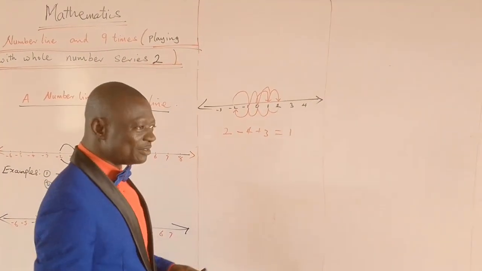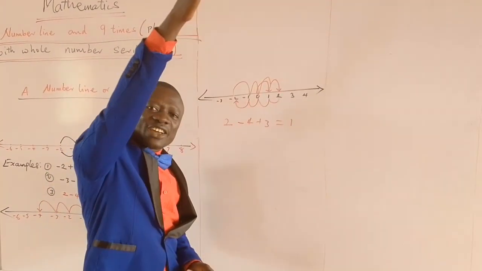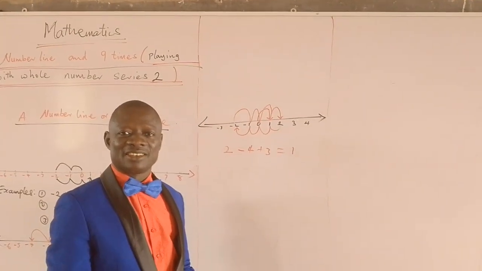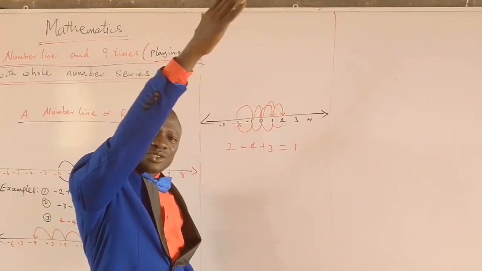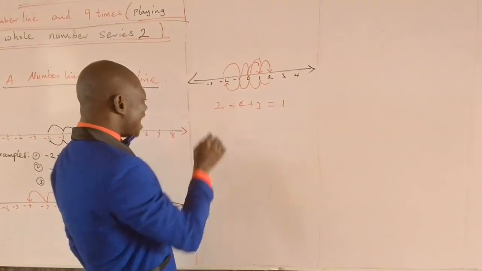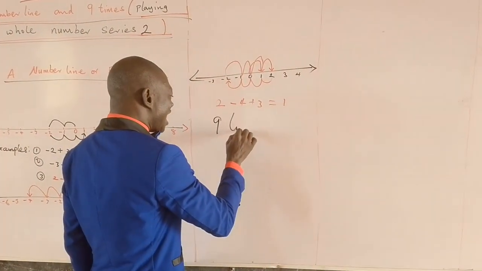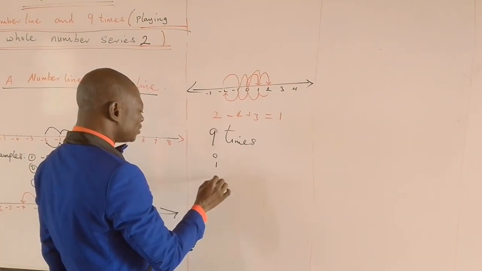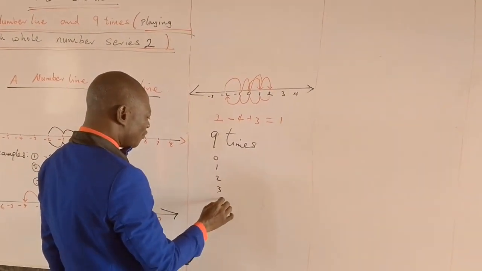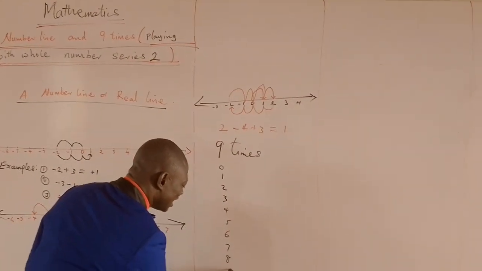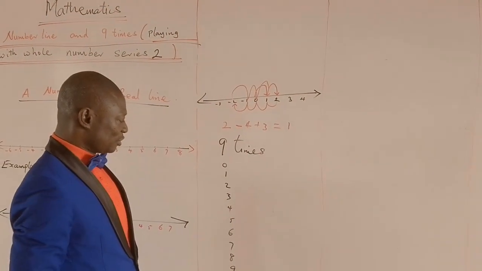Just encourage the child to write 0 to 9. Let us do that. Just allow the child to write 0, 1, 2, 3, 4, 5, 6, 7, 8, 9. You stop there.